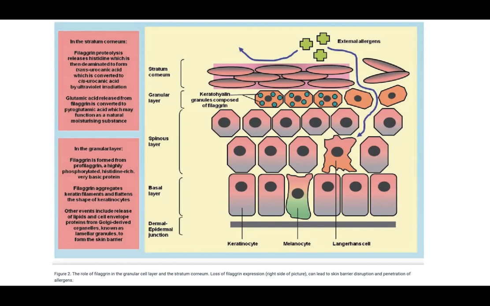So not only does filaggrin disturb the architecture of the skin, it also limits the natural moisturizing substance which we can naturally produce when we have normal levels of filaggrin. So this means that not only is the architecture of the skin disturbed, but the ability to keep the skin moisturized is disturbed with filaggrin mutations.